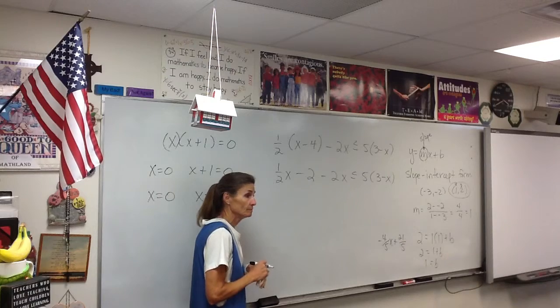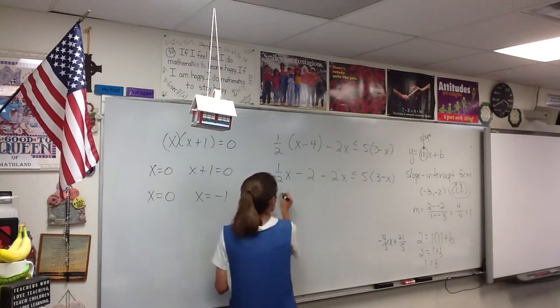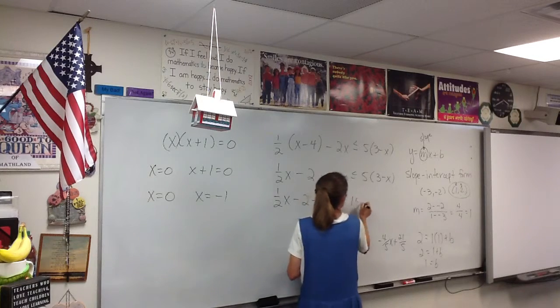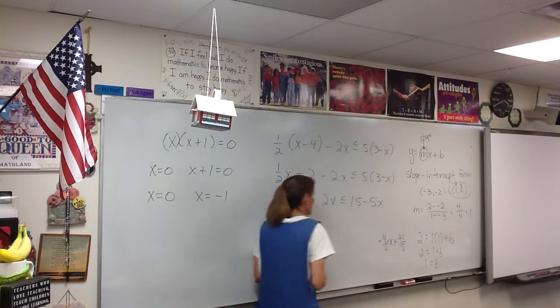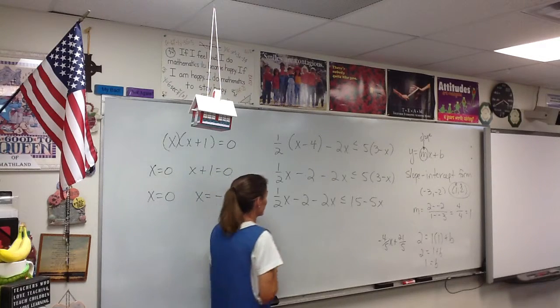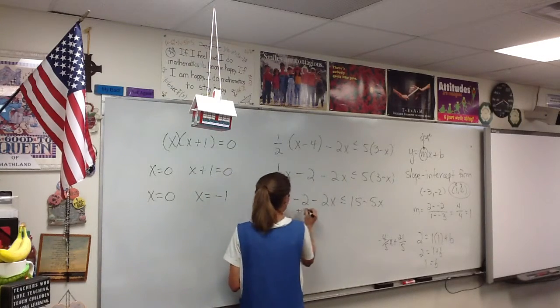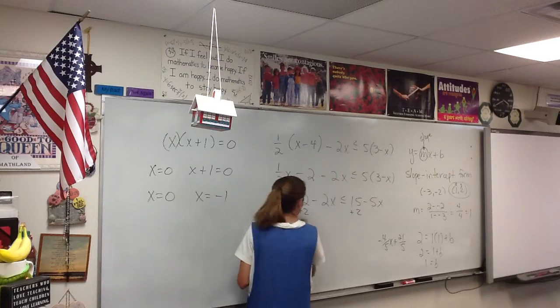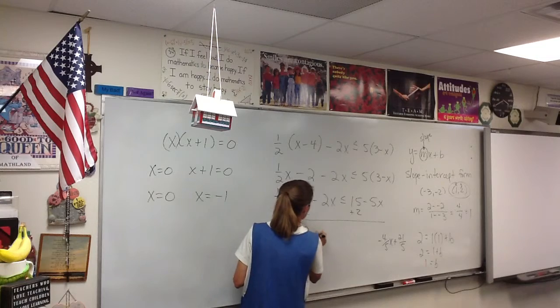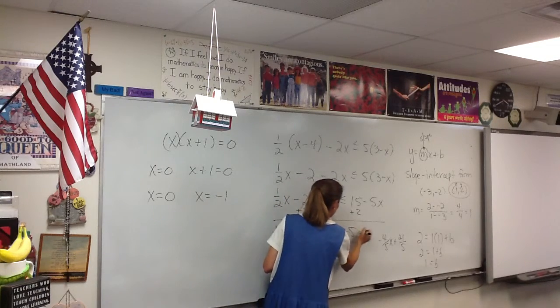And then I distributed the other side too, so then 15 minus 5x. Yes, that's good, okay. And then I added 2 on both sides. Did this guy? Yes. Okay. So 1/2 x, these are gone, minus 2x, less than 17 minus 5x, okay?